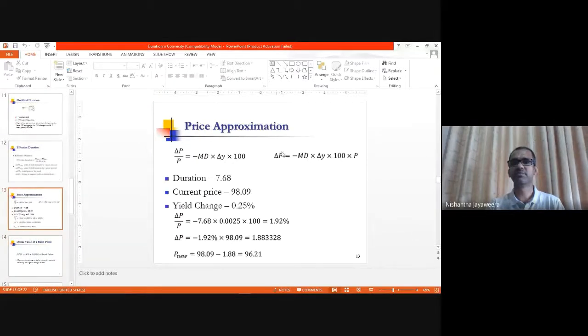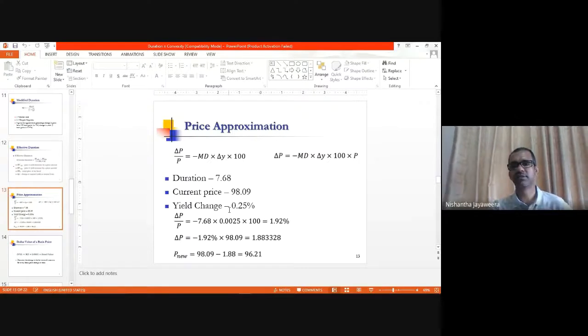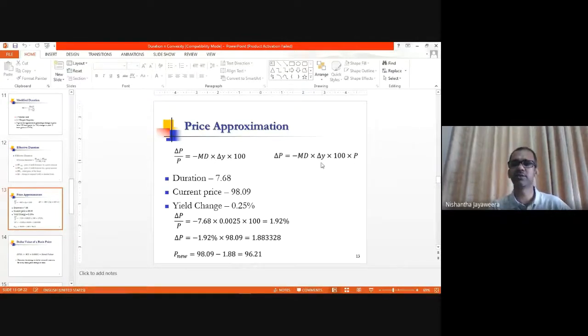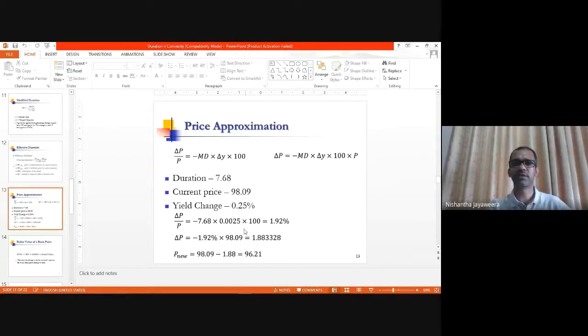This equation gives the change in price, like here 1.88 rupees, but in this case for a 0.25 change in yield. What you need is for a 0.01% change in yield. So instead of delta y, we straight away fix that 0.0001 figure. Instead of 0.0025, we substitute 0.0001.